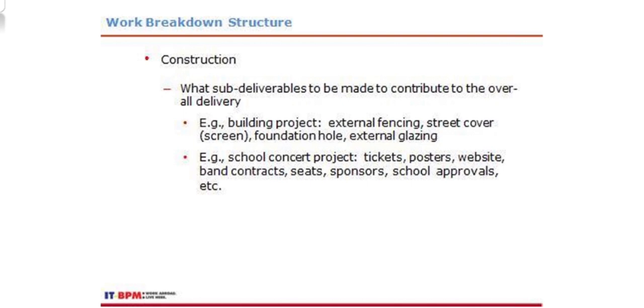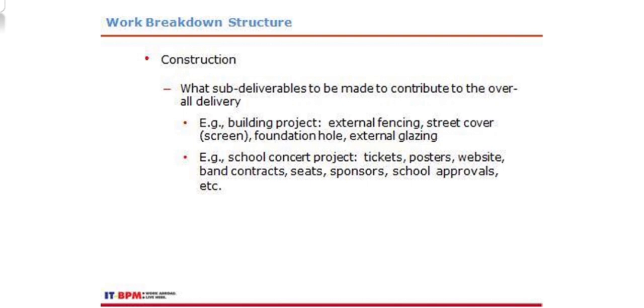For construction, an important aspect of construction is delivery, meaning the completion of the project and handing it over to the client for a successful delivery. Effective communication, proper planning, and attention to quality control are essential to meet the project goals and expectations. What sub-deliverables are to be made to contribute to the overall delivery?